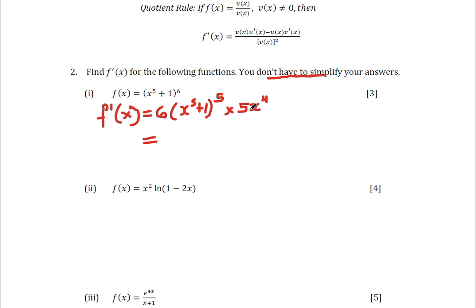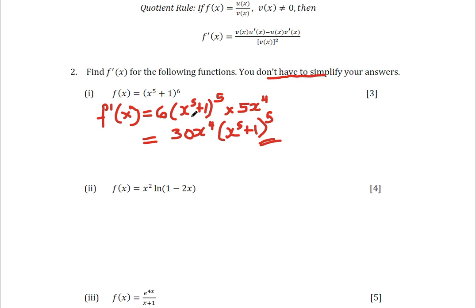So 6 multiplied by 5x to the fourth power. 6 multiplied by 5 is 30, so that will be 30x to the fourth power, and then multiplied by x to the fifth plus 1, all raised to the power of 5, which is in bracket here. And we leave it at that. So that is very much an acceptable form in which to leave this derivative.